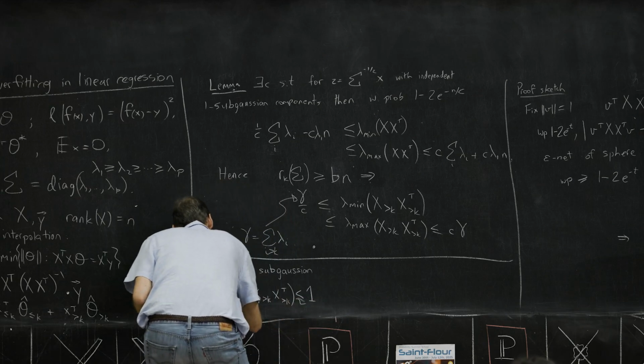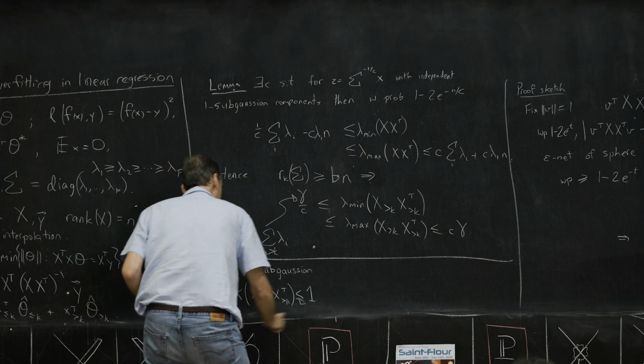So, with high probability, the condition number is bounded by a constant.